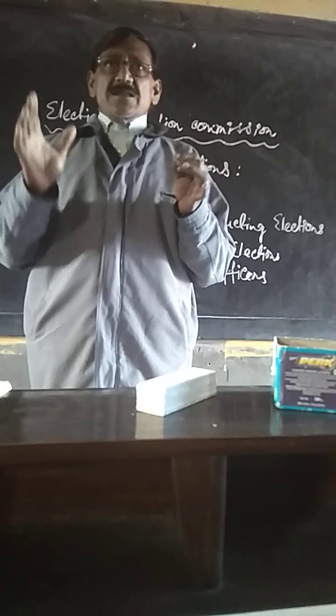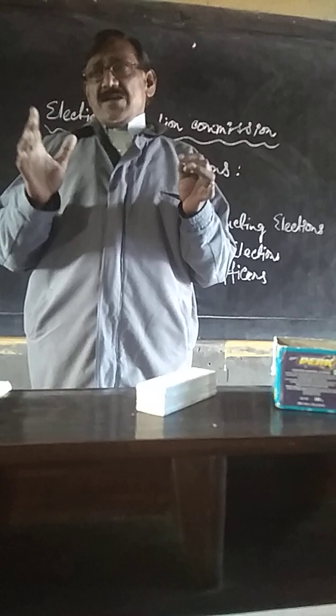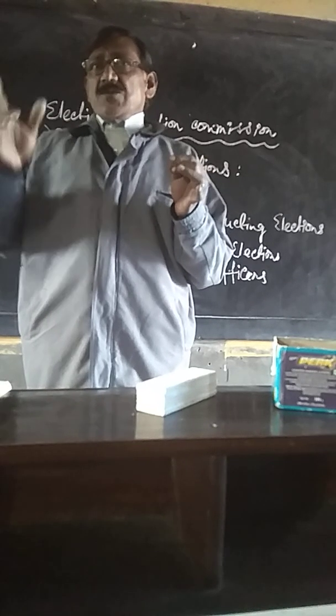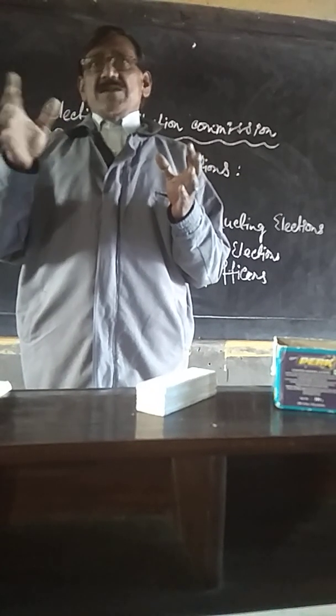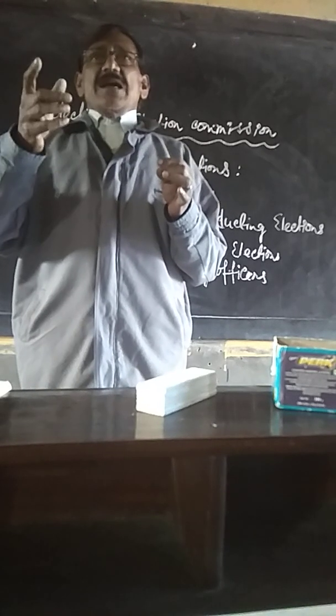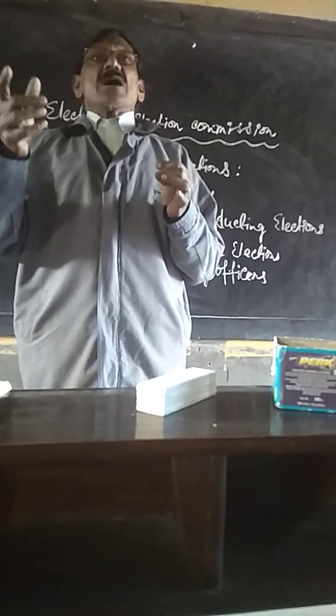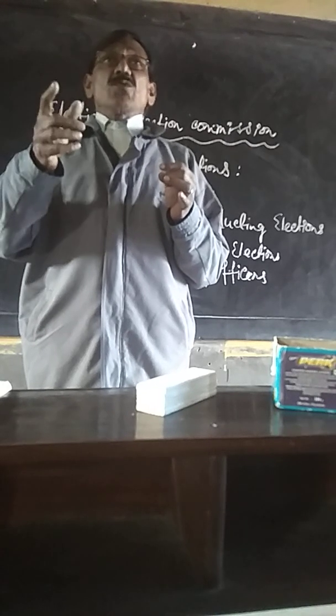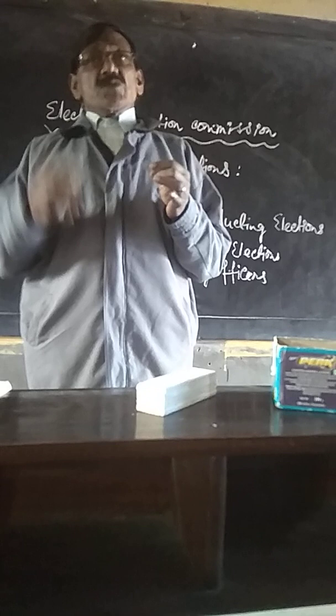So only the voters whose names are included in the new list published by the commission will be entitled to be voters and will be allowed to cast their votes.